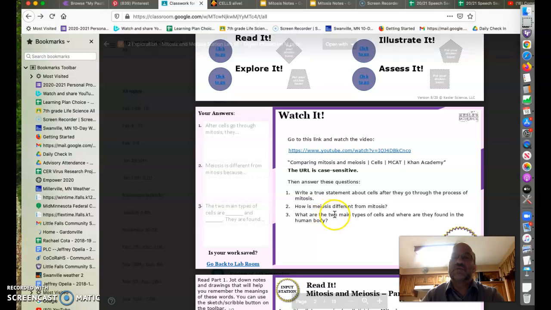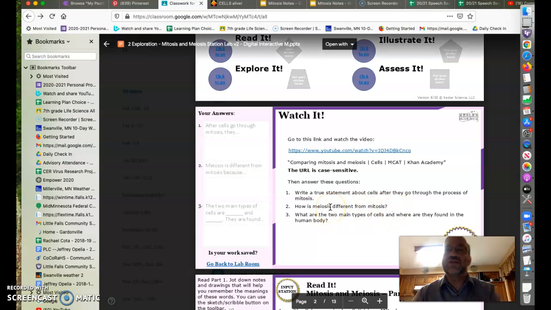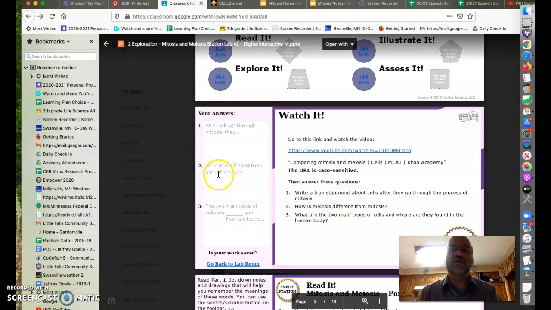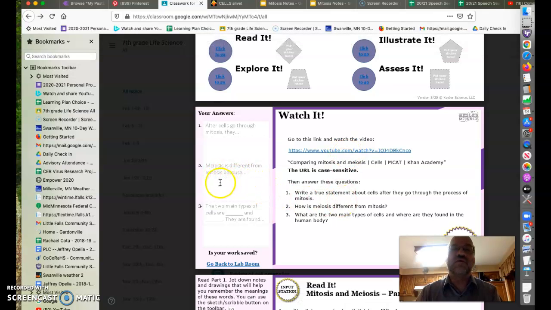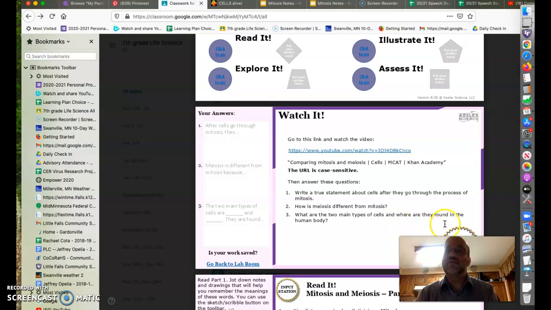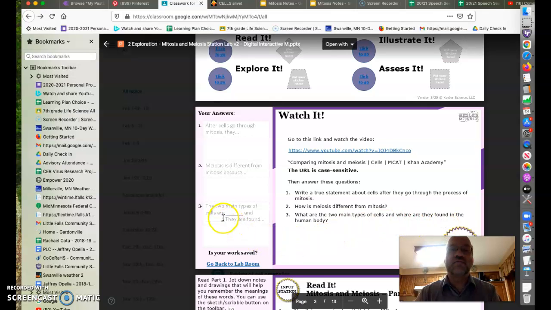How is meiosis different from mitosis? Meiosis is the duplication of our reproductive cells, and you would have seen that in here. So you are going to answer this: meiosis is different from mitosis because. And then, what are the two main types of cells and where are they found in the human body?